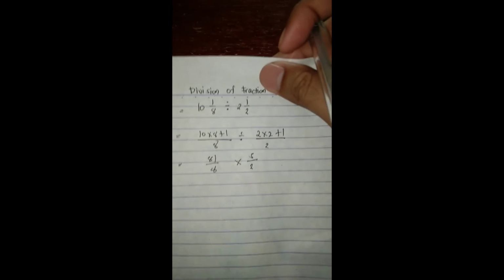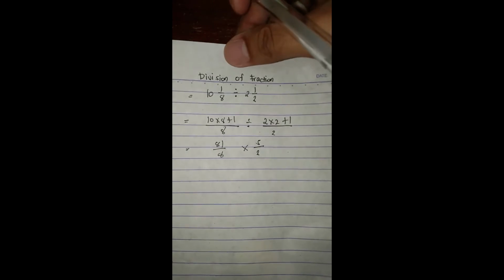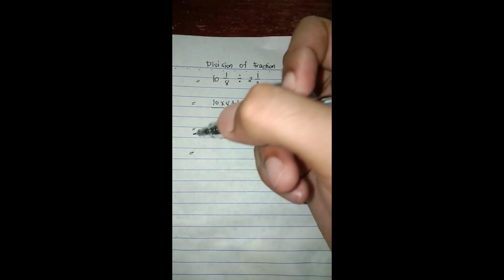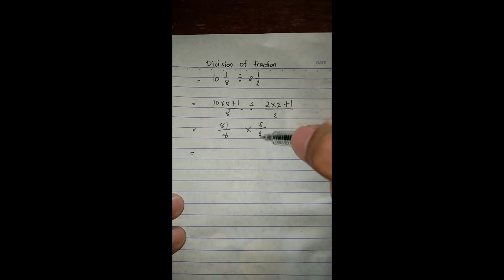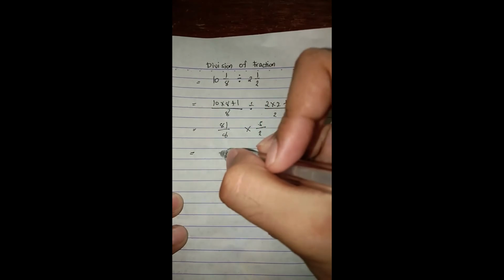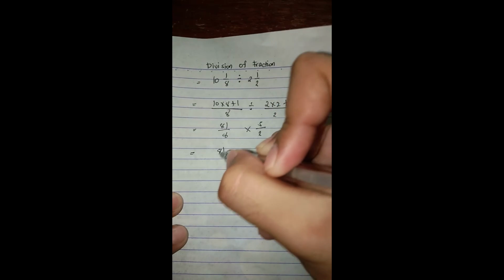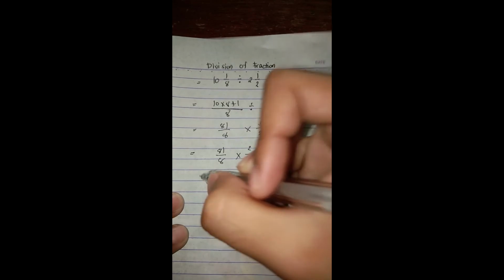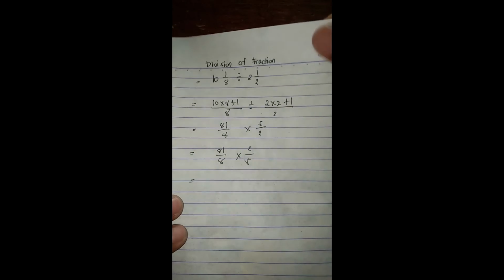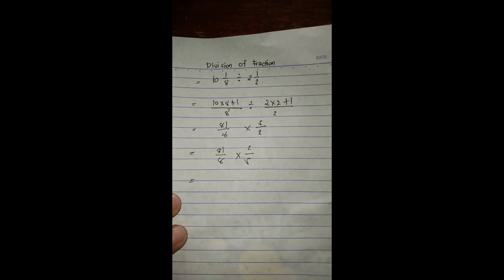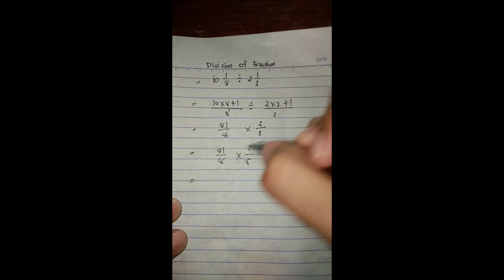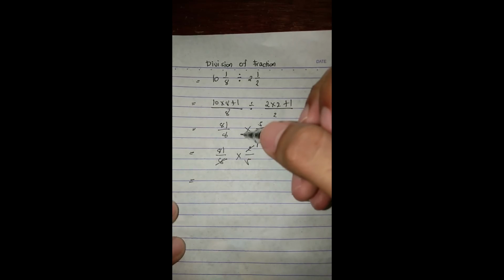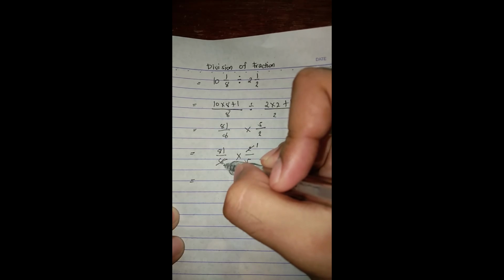So next step is the reciprocal of the divisor. So i-reciprocal lang natin itong 5 over 2 or yung second fraction. So 81 over 8 times the reciprocal, which is 2 over 5. So multiply. So 8 using cancellation method. So 8 and 2. So cancel. So 2 divide 2, we have here 1, and 8 divide 2, we have here 4.